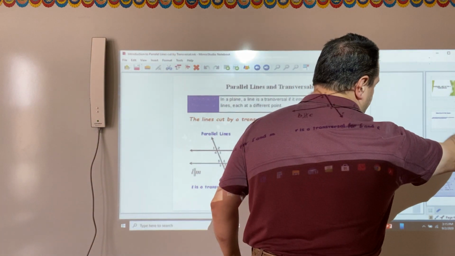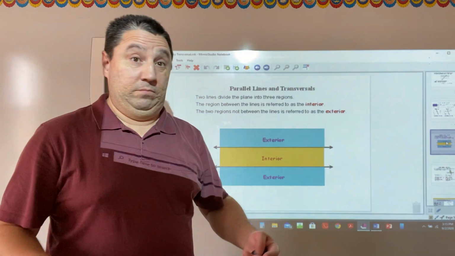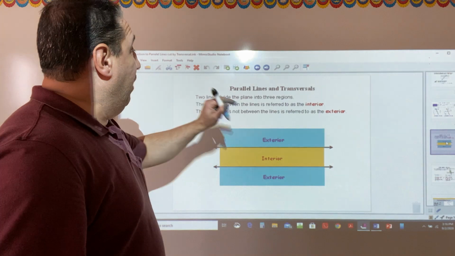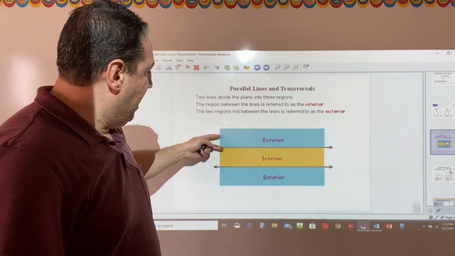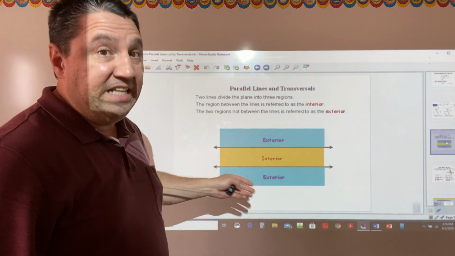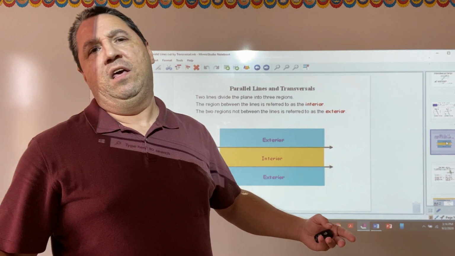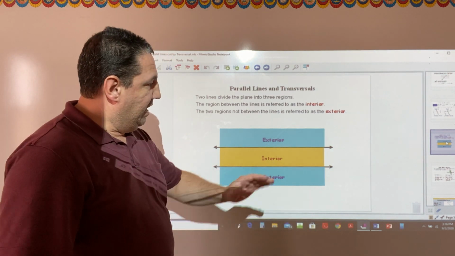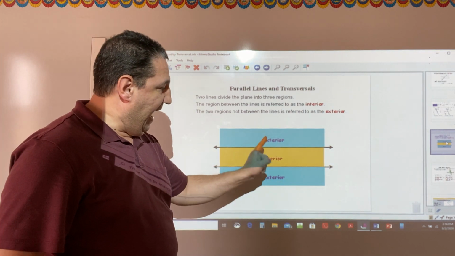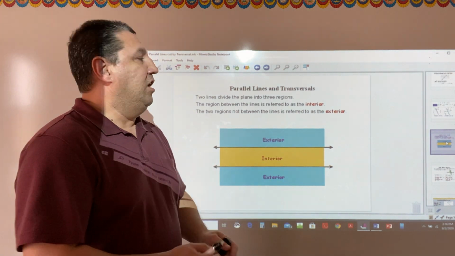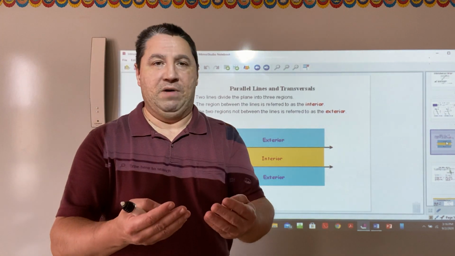Next, when two lines are cut by a transversal, these two lines divide the plane into basically three regions: the upper exterior, the lower exterior, and the interior. Why do we call them exteriors?